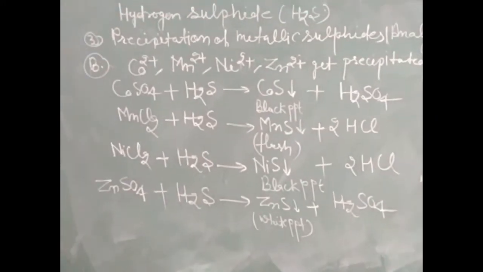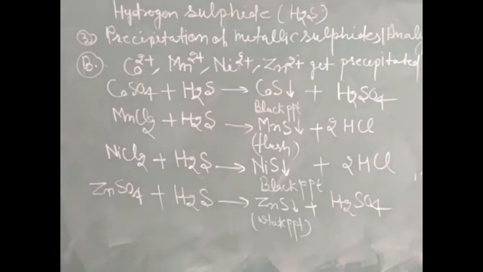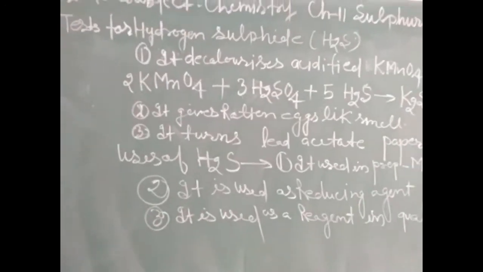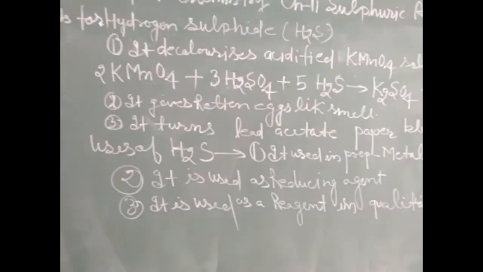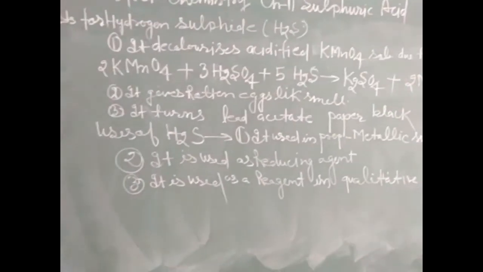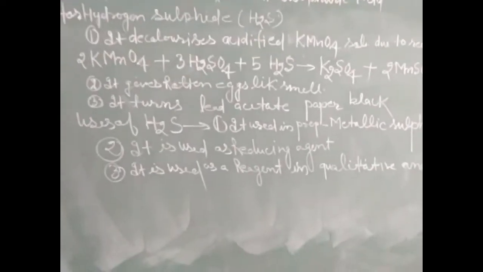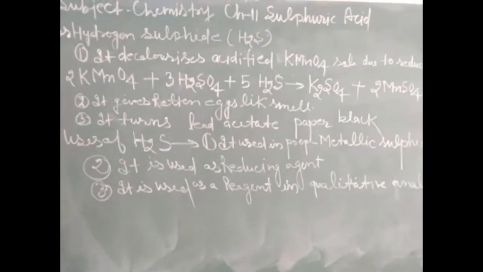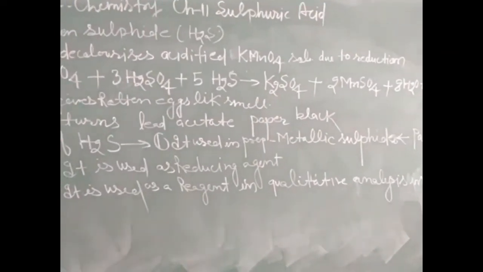Now dear student, we will discuss the test of hydrogen sulfide and usage. We are going to discuss the test for hydrogen sulfide. As we know, the first test of hydrogen sulfide, that is a very important test, is that it decolorizes acidified potassium permanganate solution due to reduction.